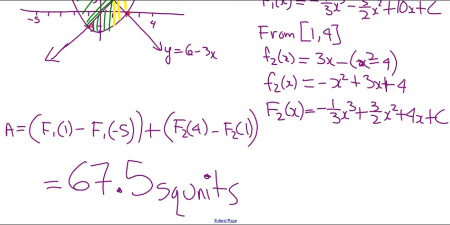I'm not giving you the intermediate stuff. That you can do. If you get 67.5, say hallelujah.